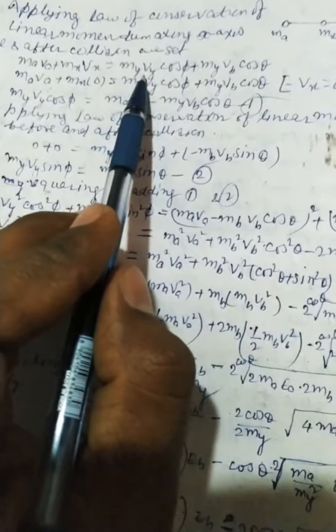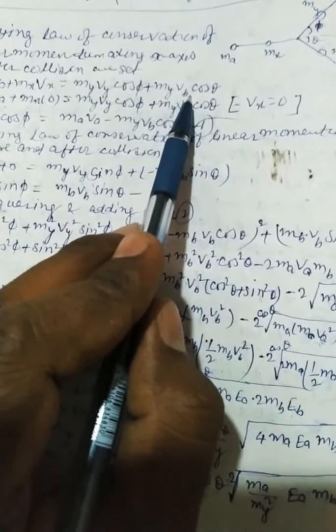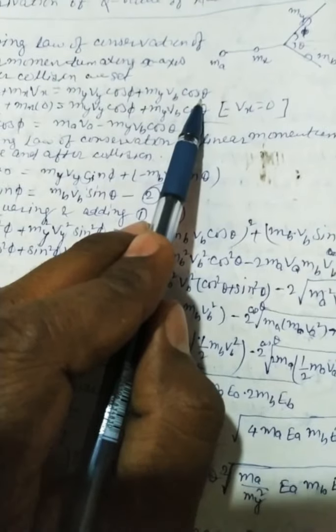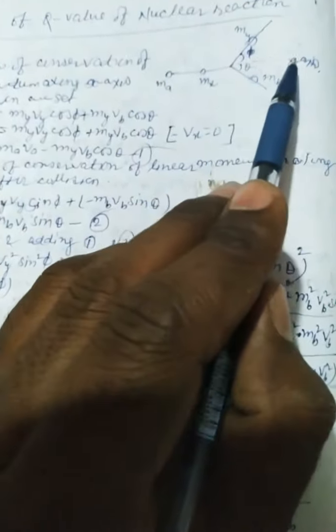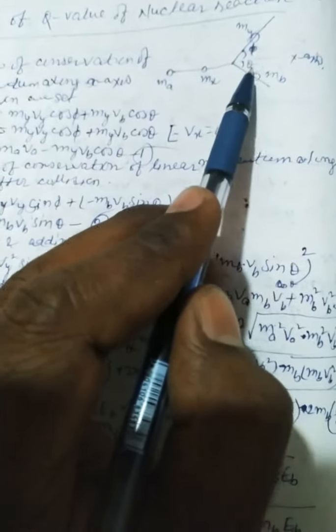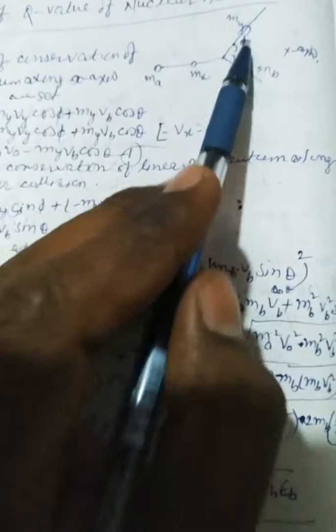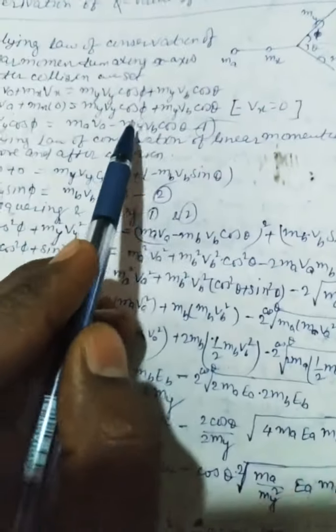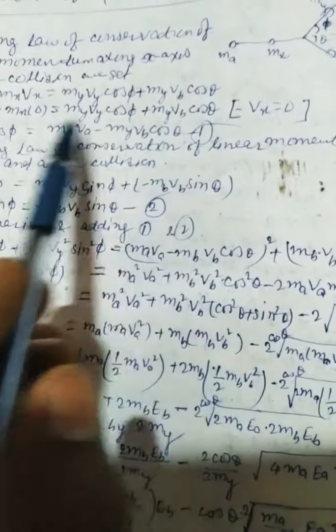Now second, after collision, MYVY cos phi plus MBVB cos theta, corresponding to the x-axis, with the theta component for MB and the phi component for MY.